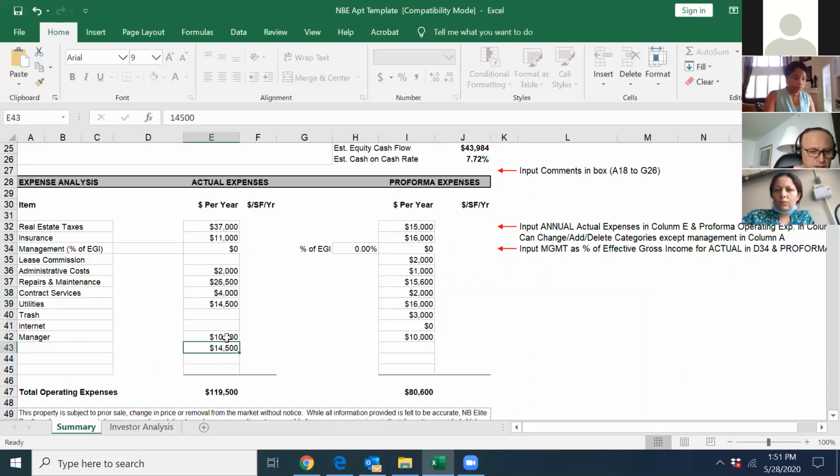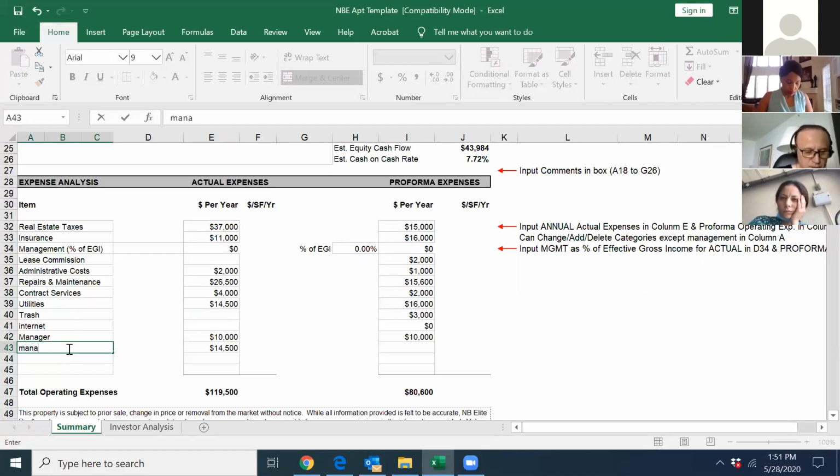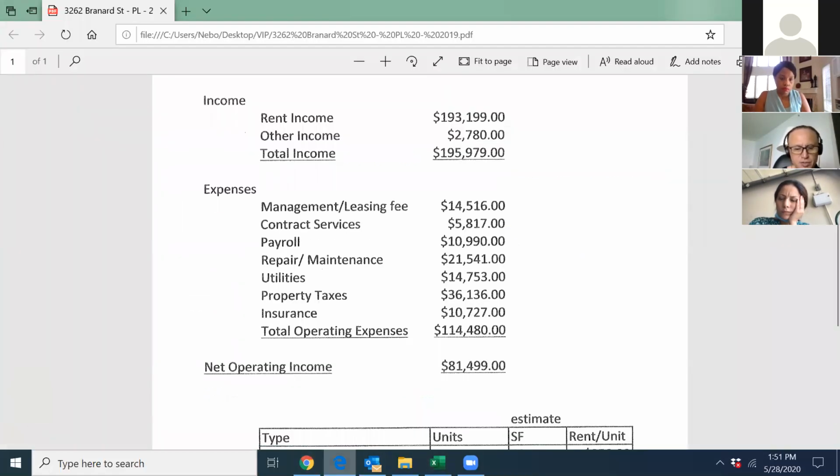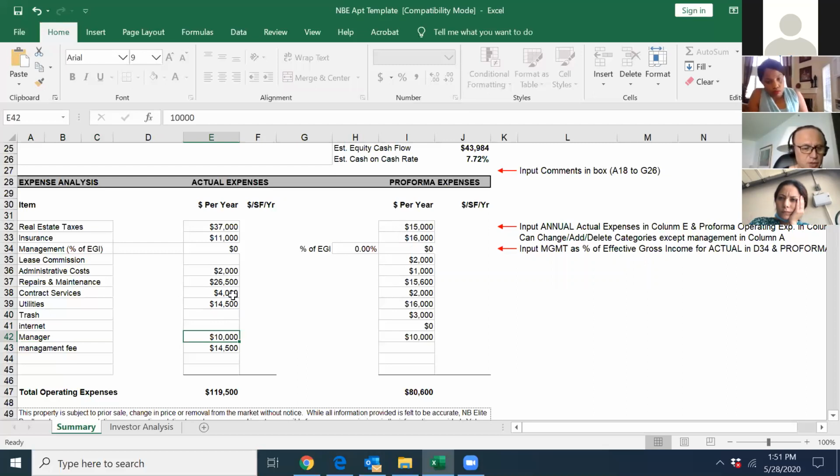So management, okay, 10,000. Contract services, I think they said 5,800. But they did not put any administrative cost.